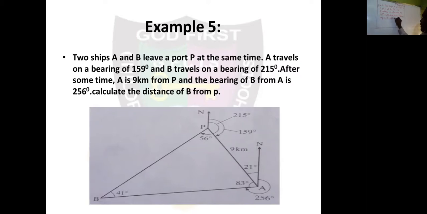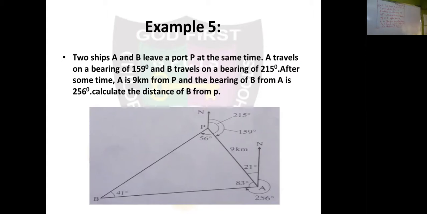After some time, A is 9 kilometers from P and the bearing of B from A is 256 degrees. Calculate the distance of B from P.